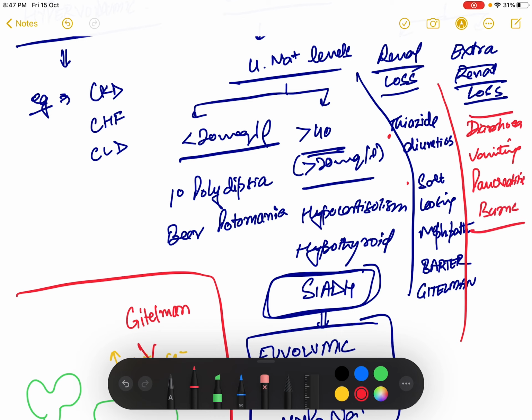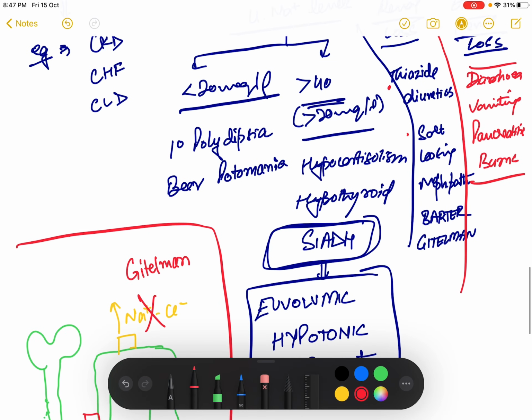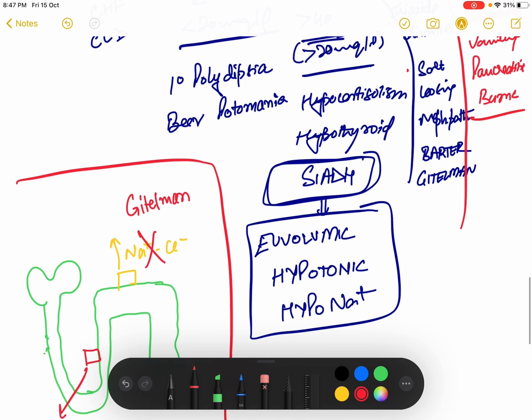Okay, so if you are not sure whether it's a renal cause or extra renal cause, you can also go for urine sodium levels. Urine sodium levels will always be more than 20 milliequivalents per liter in case of a renal loss, and they will always be less than 20 milliequivalents per liter in case of an extra renal loss.